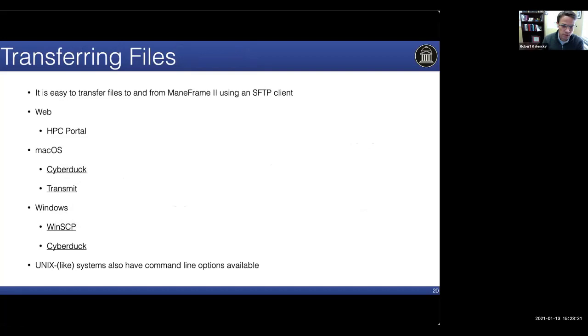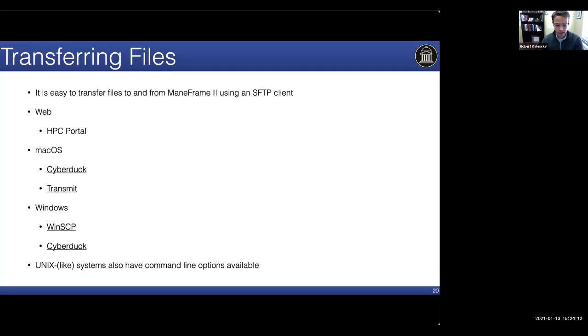Transferring files is quite easy. This is a very common question that I get. How do I get data to M2 and how do I get data off of M2? And an SFTP client is how that is done. So you can do it from the web. The HPC Portal also has a file browser of sorts. And so you can access your files through the portal there, or you can upload and download files off of M2 that way. Most people using a Mac or a PC will use one of those two options there, CyberDuck or Transmit for macOS, or WinSCP or CyberDuck for Windows.